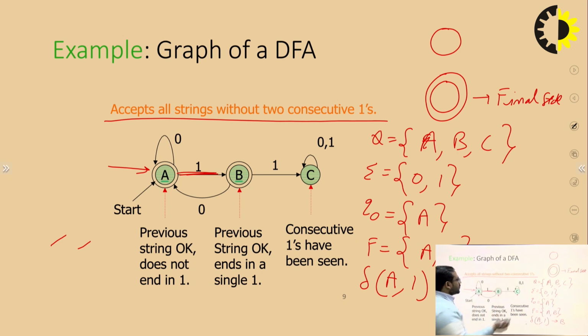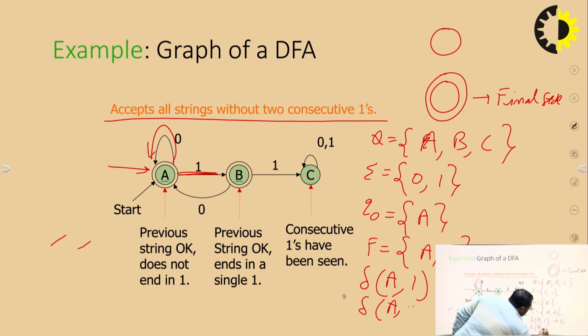Got my point? Okay, let's take one more example. Suppose this one. The current state is A, reading symbol is 0, A 0, and then it comes to A. It doesn't mean that when a present state takes an input, it must go to a different state.